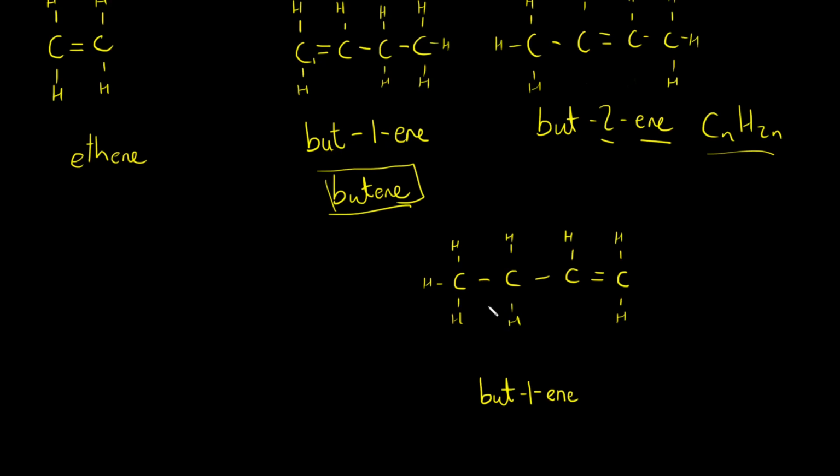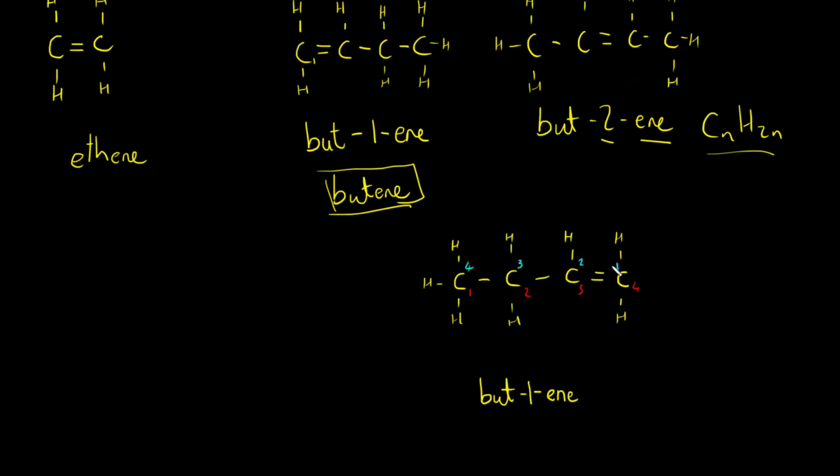If we were to number from left to right, and say this is carbon number 1, 2, 3, 4, then yes, this double bond is on carbon number 3, so you'd be expecting it to be bute-3-ene. But we've already said that that's wrong. Why is it wrong? Because we could quite simply just number it from the opposite direction, going from right to left.